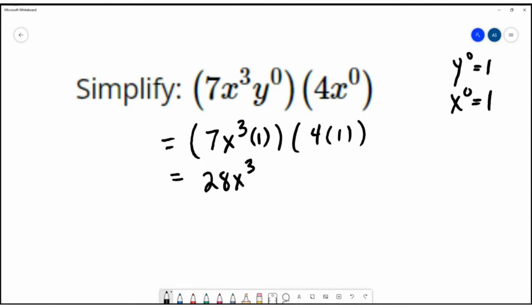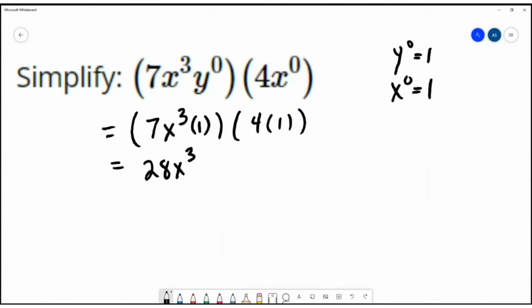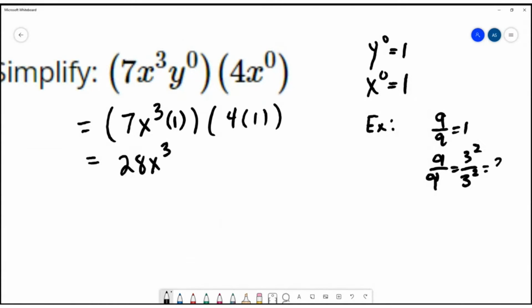There are a few ways for us to verify it with other properties. For example, we could say that 9 over 9 is equal to 1. 9 over 9 is also 3 squared over 3 squared. And this is equal to 3 to the 2 minus 2 using our quotient rule. And that's 3 to the 0 power.